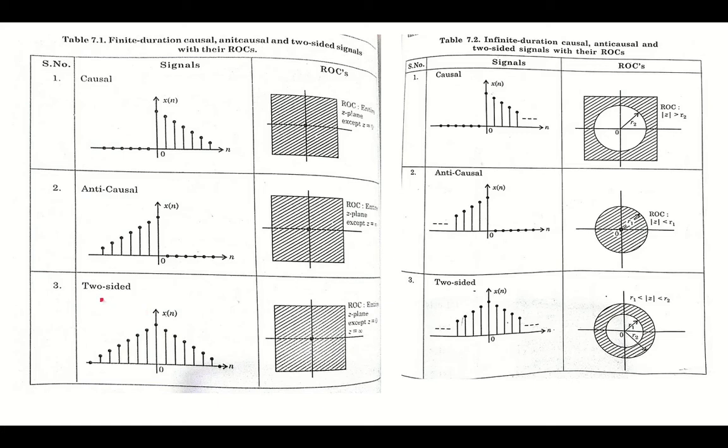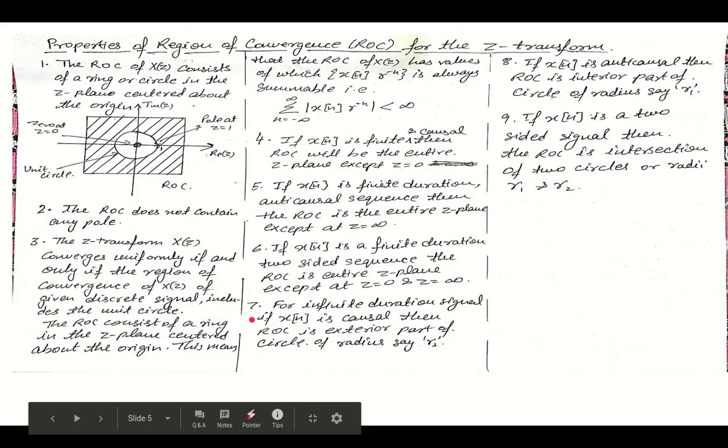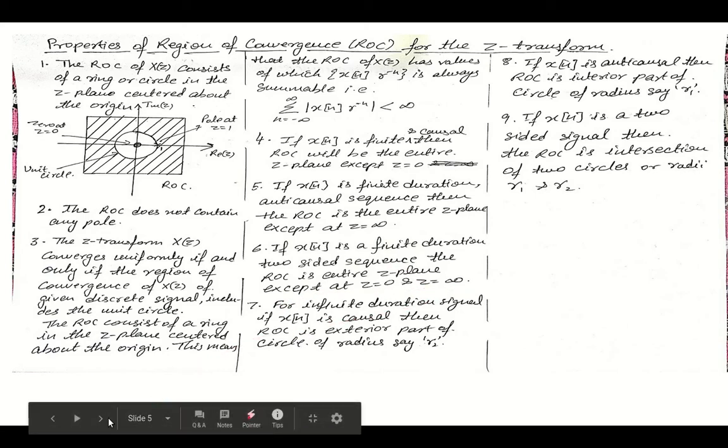Now next is the two-sided or bilateral Z transform. If x(n) is a finite duration two-sided sequence, the ROC is the entire Z plane except at z equal to 0 and z equal to infinity.